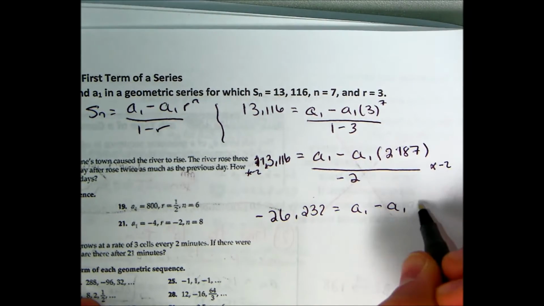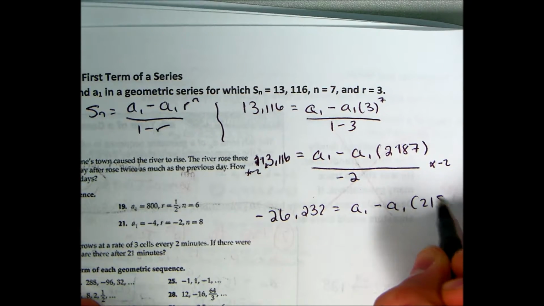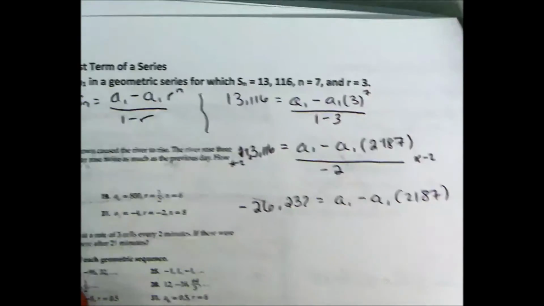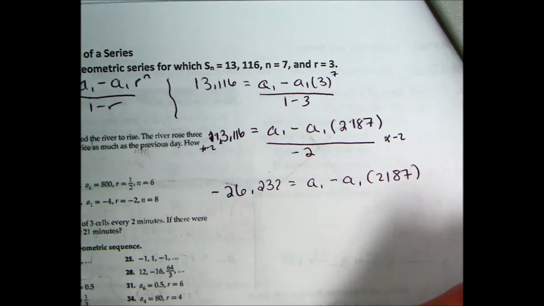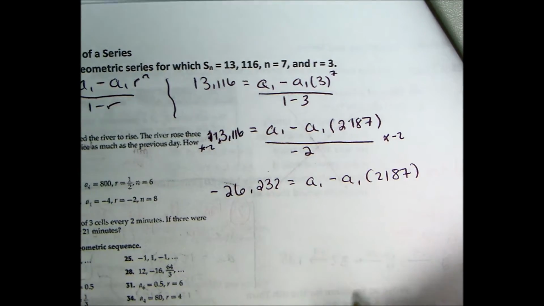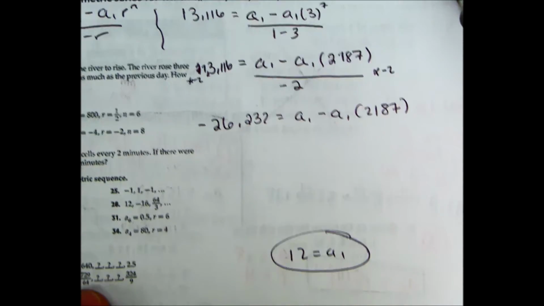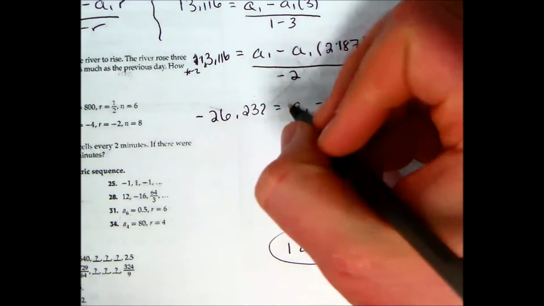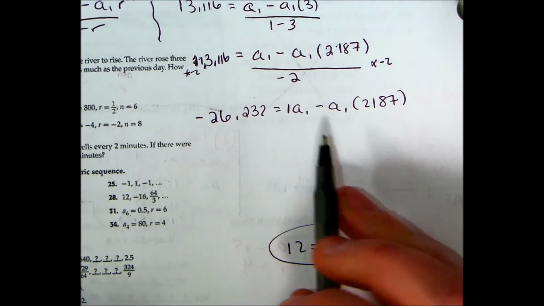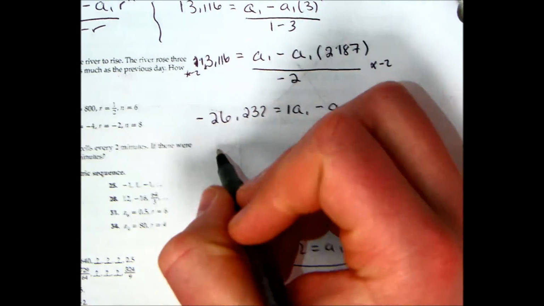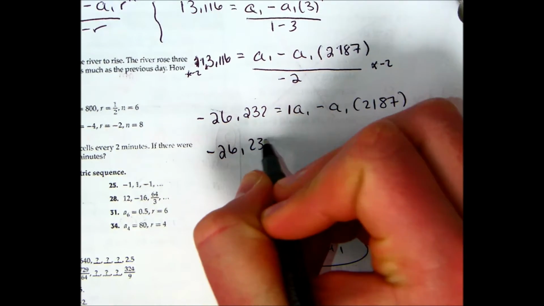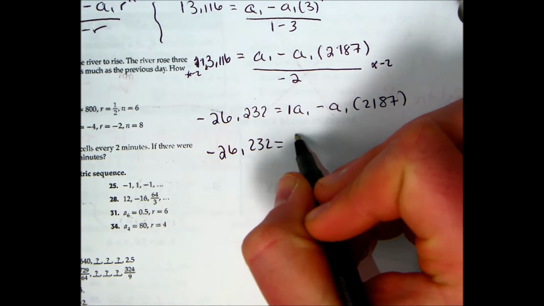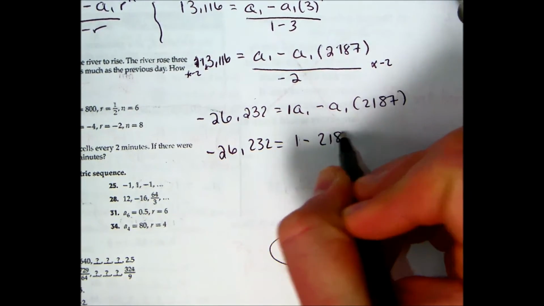Your final answer should be 12 for the first term. Take a quick look and think about what we did with logs here. There's an a1 in both terms, and we can actually factor out an a1. You'll have something like this, and I'll let you see if you can figure out how to get to 12 from here.